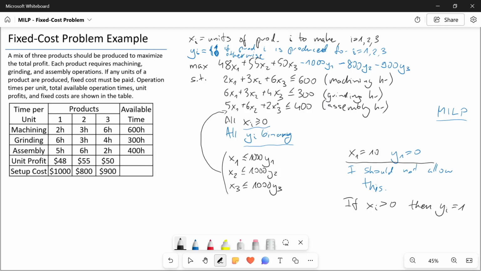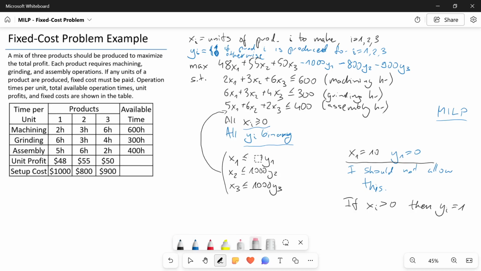By checking all these constraints, I can see, for example, that x1 from the first constraint is at most 300, so I could change this number to 300, but in the second constraint, 6x1 less than or equal 300 means x1 is at most 50, so I can change this number actually to as low as 50.